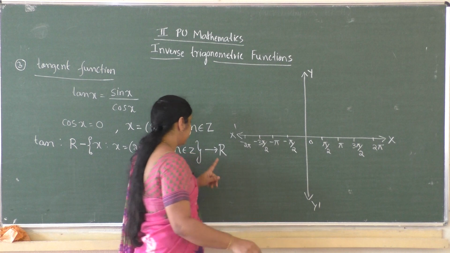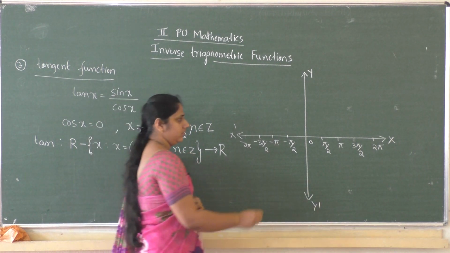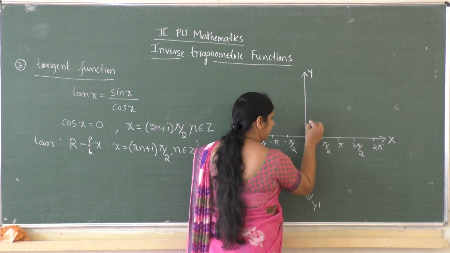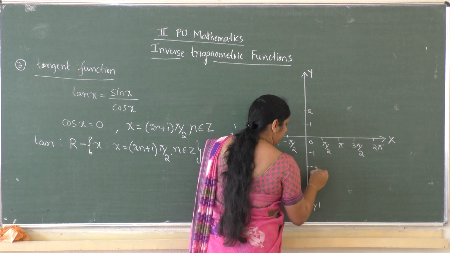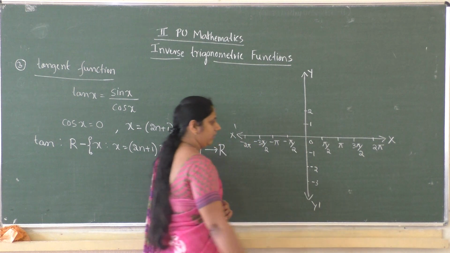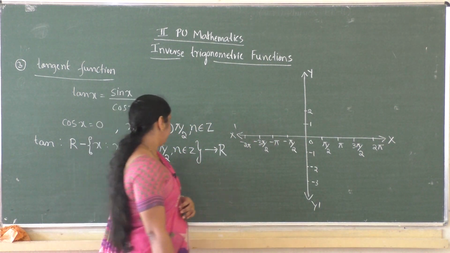Along the y-axis, that is the range, we take the real values, 1, 2 and so on, and the negative values.